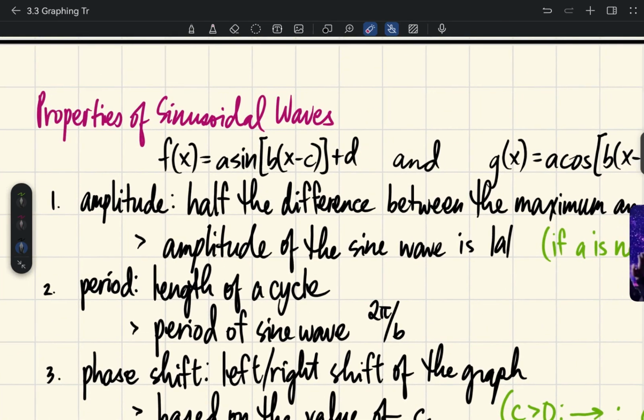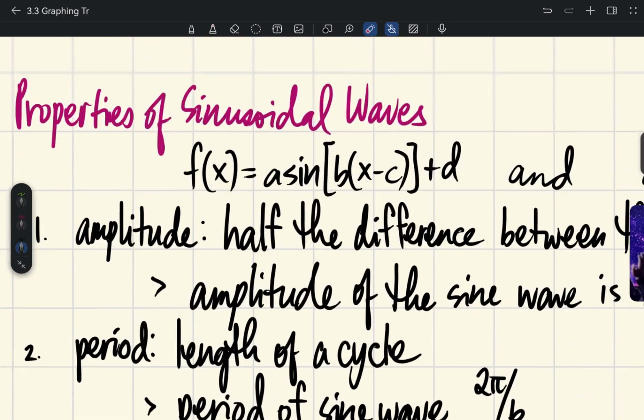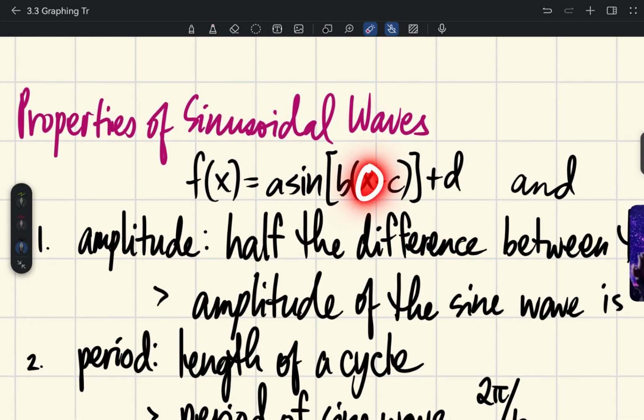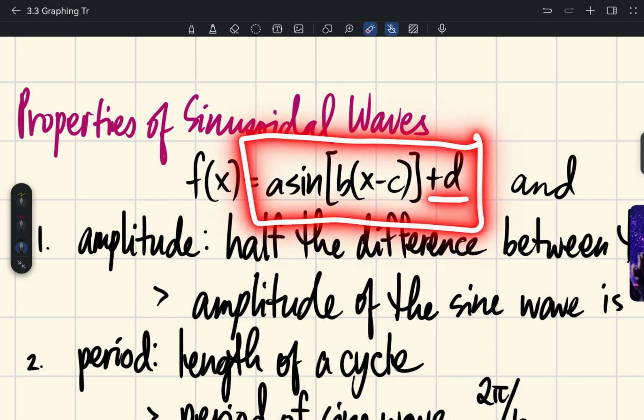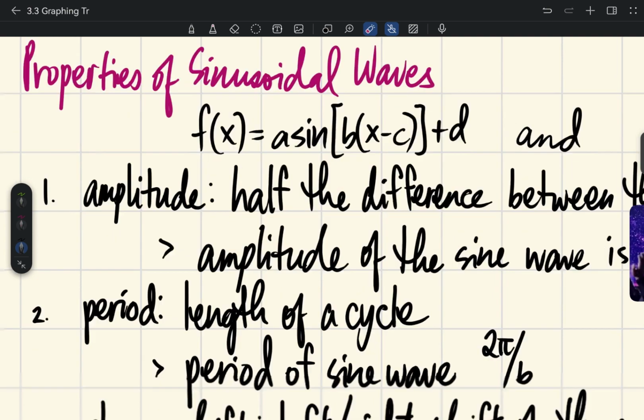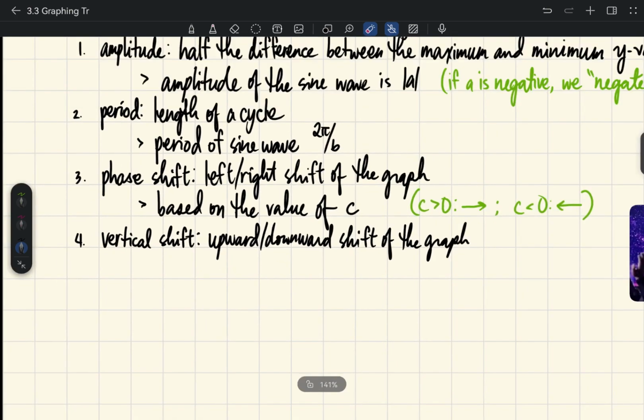Take note, your argument is x, and our corresponding value of y is this one right here. So this plus d would affect the value of y. So the vertical shift is based on the value of d.